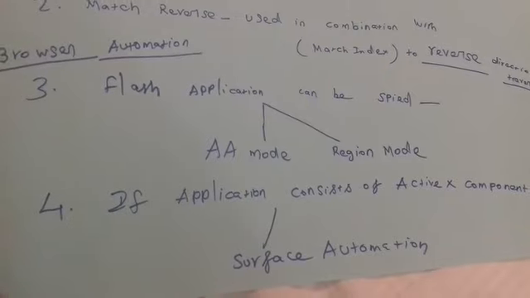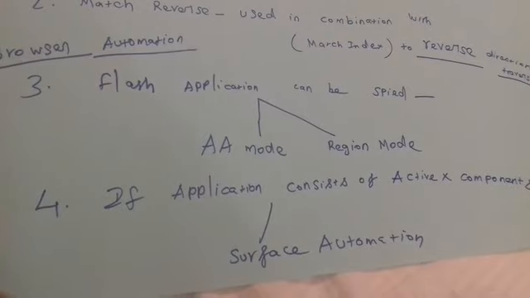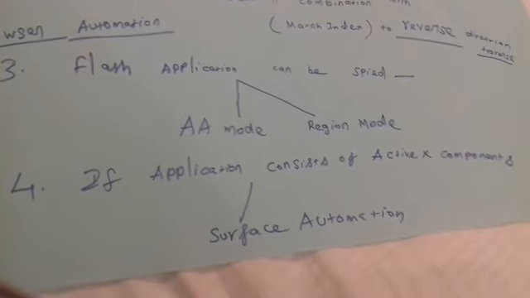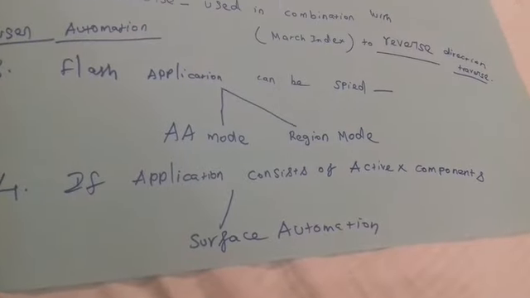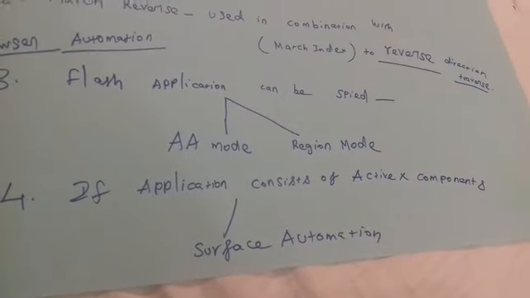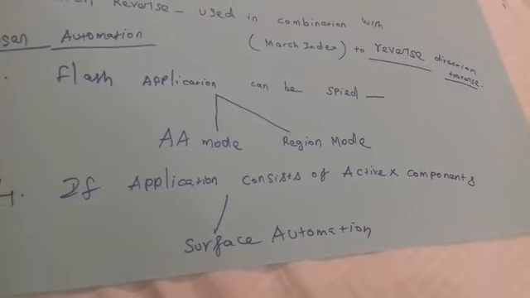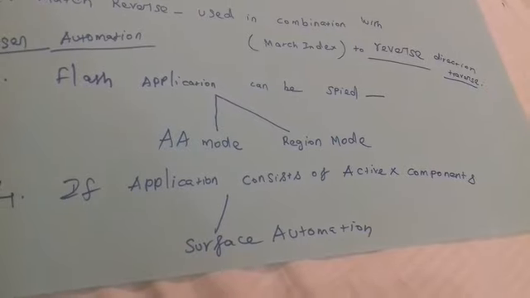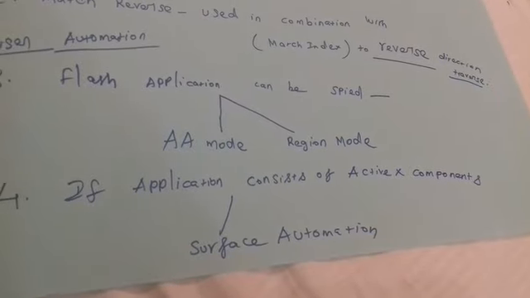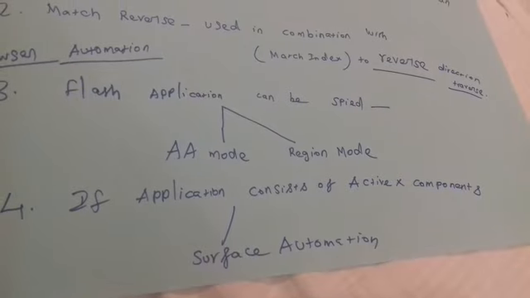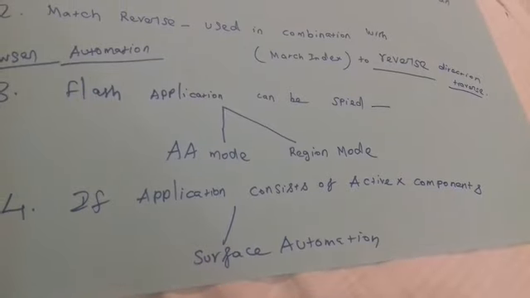That is for Flash or Silverlight applications. Related to browser automation, if the application consists of ActiveX components, then you can go for surface automation. That will be helpful for you.